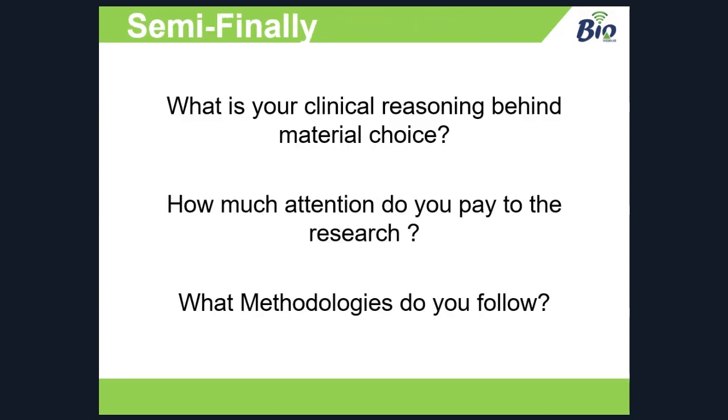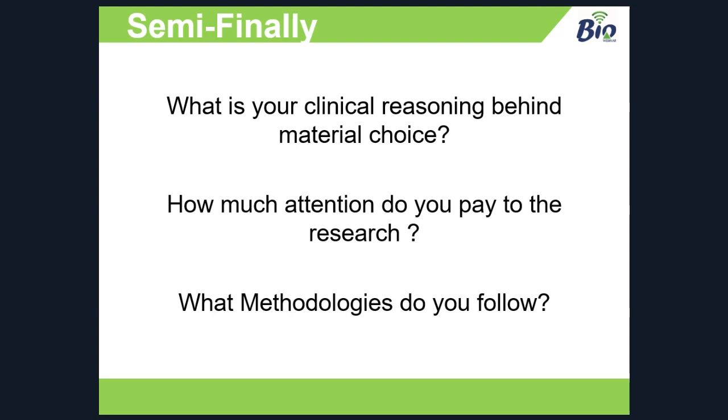So for us, what we need to look at, or what I consider, is what's your reasoning behind your material choice? What do you want to do? What anatomy is involved? What forces am I trying to deal with? Where is it? What shape have I captured? Again, a pinch of salt with how much research you've been given. Most of the research that comes out of this area has been sponsored by manufacturers. Okay, we just need to acknowledge that. And again, the methodologies that you prefer to follow.